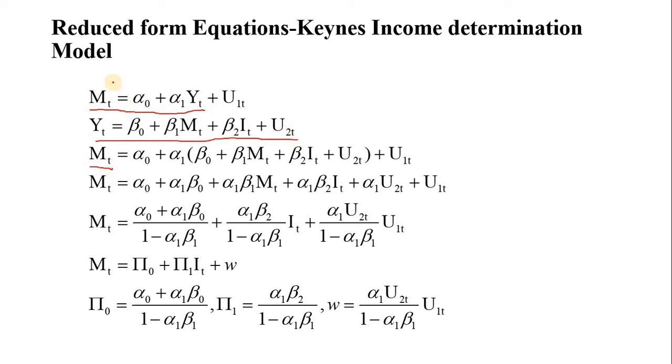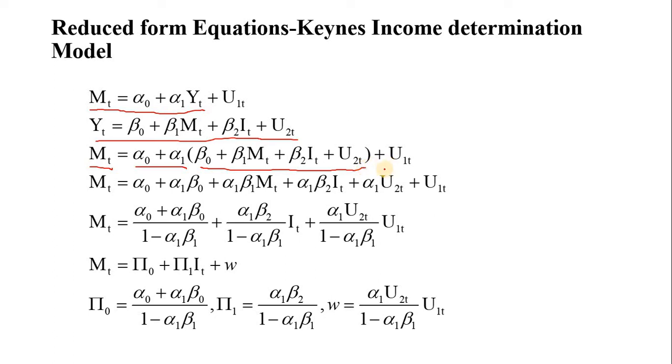So this is the Mt equation. In Mt you can see there is a Y. So instead of this Y, I will substitute this equation. So Mt is equal to alpha 0 plus alpha 1 Yt. Instead of Yt, I am substituting the equation of Yt: beta 0 plus beta 1 Mt plus beta 2 It plus u2t.